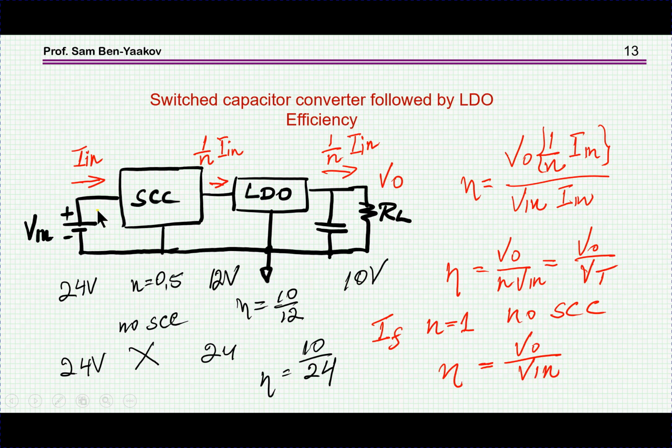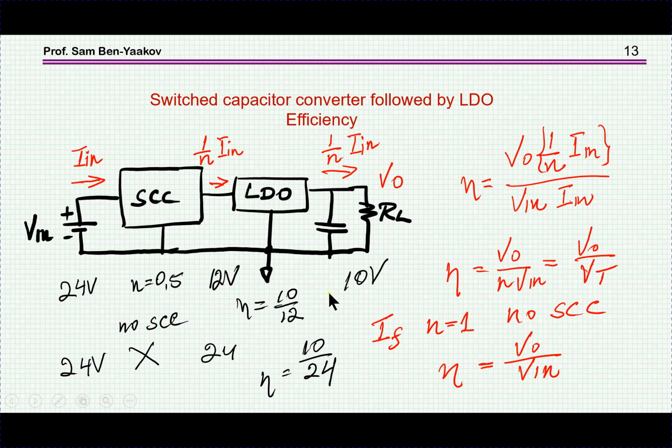Now, if there is no switched capacitor converter, then obviously V in comes into the LDO, and the efficiency is V out over V in, and in certain cases it could be much lower. For example, if you have 24 volts and N equal to 0.5, they divide by 2, it will be 12 volts after the switched capacitor converter.